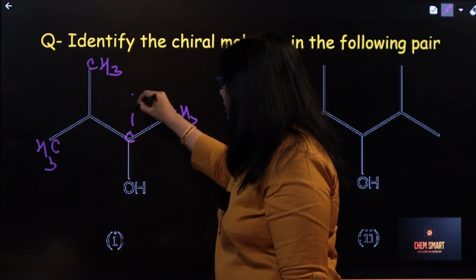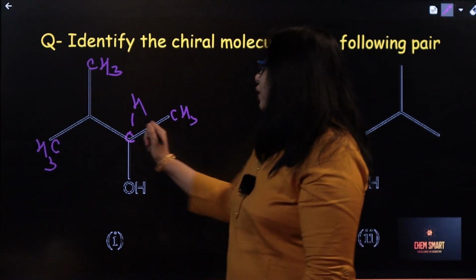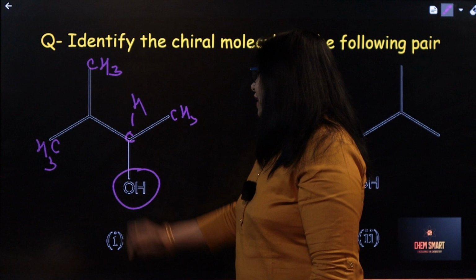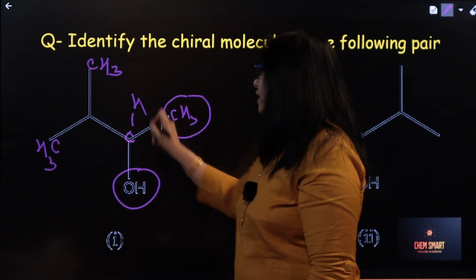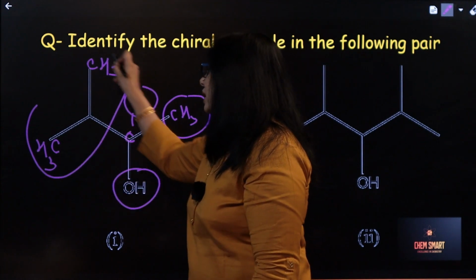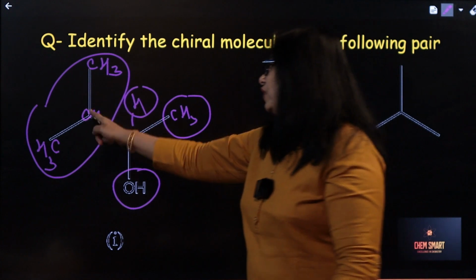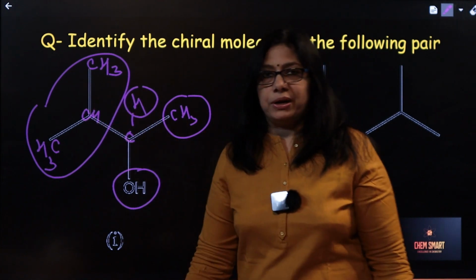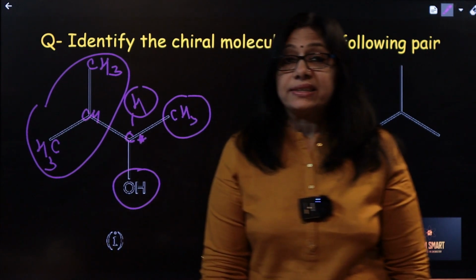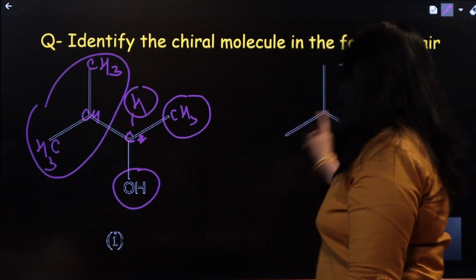The 4th valency will be hydrogen, but we don't show it in the bond line formula. That's all. So if you look at this, on this carbon, one group is OH, one group is methyl, one group is hydrogen, and the other group is isopropyl. So 4 different groups are connected to this carbon. That means this carbon is a stereo center. It is an asymmetric carbon. It will be optically active. It is chiral.